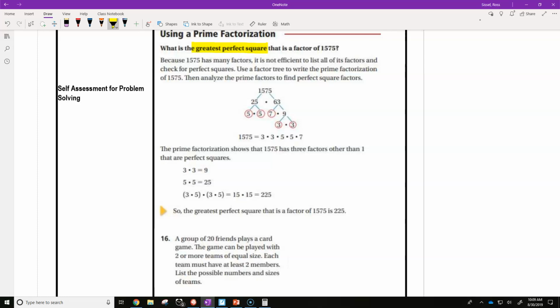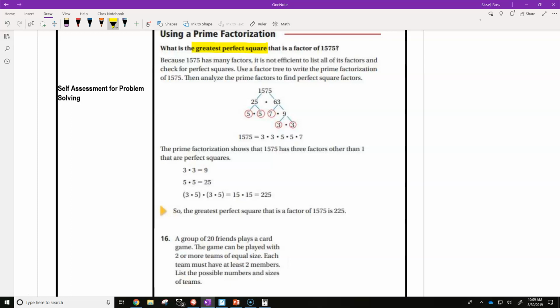Any number times itself. Good. It's the product of any two numbers times themselves. So like 4 is a perfect square because 2 times 2 is 4. You have to have two numbers times themselves, and whatever they equal is a perfect square. So they want to know what's the greatest perfect square of 1,575.